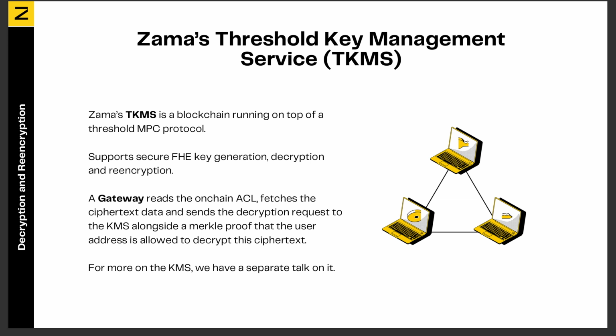It can read the ACL from the chain, as Clément was mentioning. Also, it extracts proofs that the ACL is actually persisted on the blockchain, fetches the ciphertext, and passes all this information to the KMS to do a decryption or re-encryption. The KMS is a complex system, and we have a separate talk on it. So if you want to know more about it, you should listen to that talk.